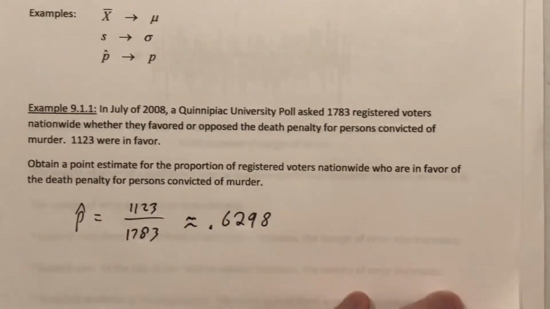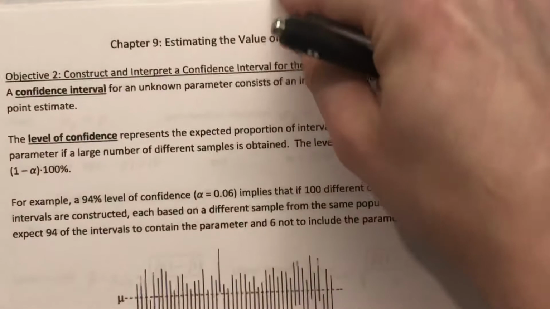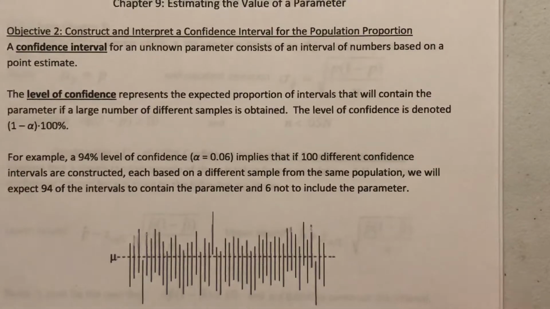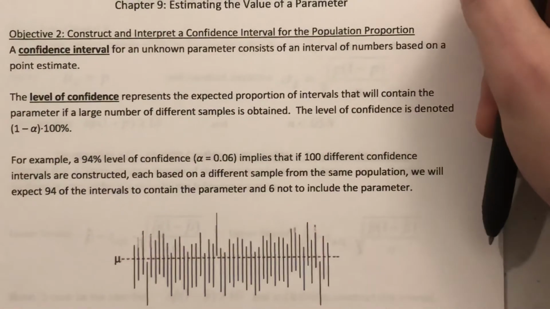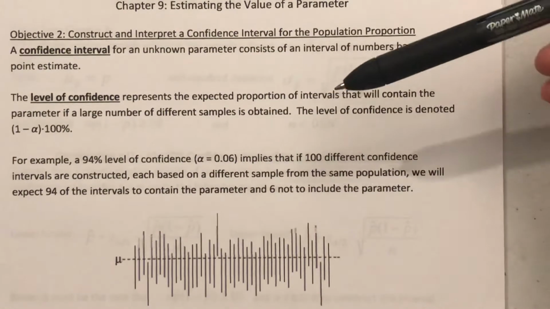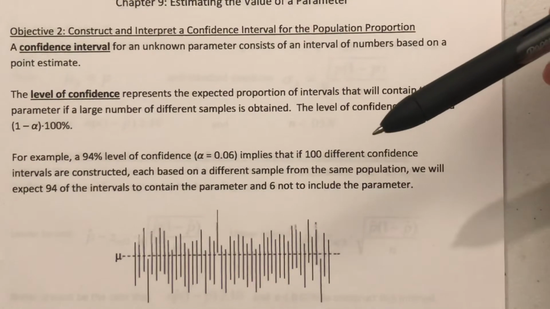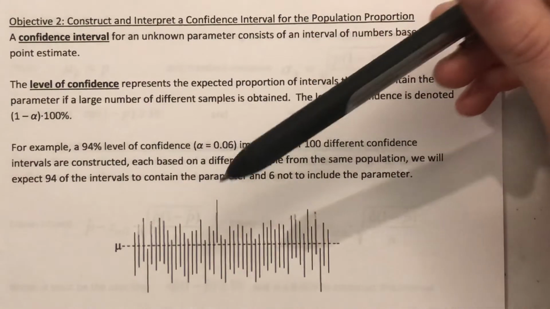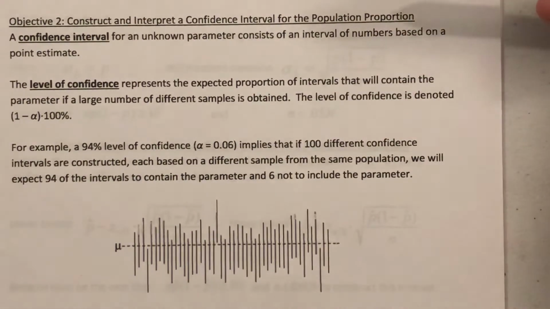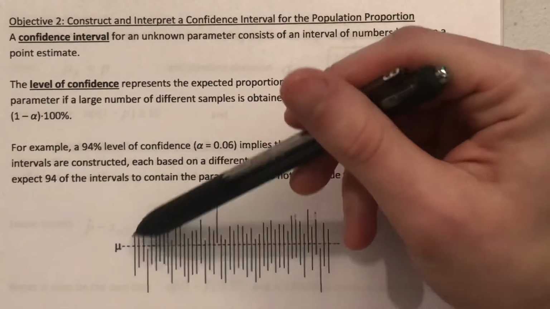So when we talk about being close to that value, close to a point estimate, one way of discussing that is with something called a confidence interval. And the word confidence is really the key word, the idea of how confident are we that we're close to that population value. Now, the understanding here is we will not know the population parameter value. This particular image I've got here involves mu, so I'm back to talking about the average.